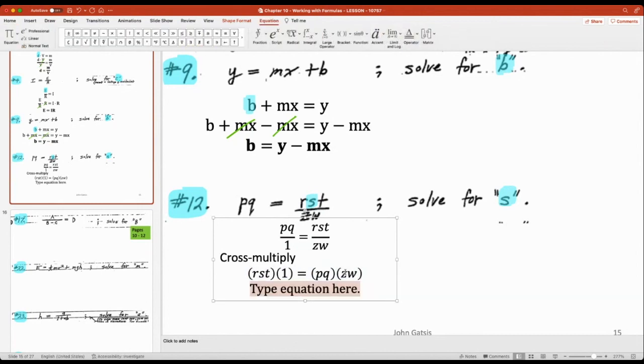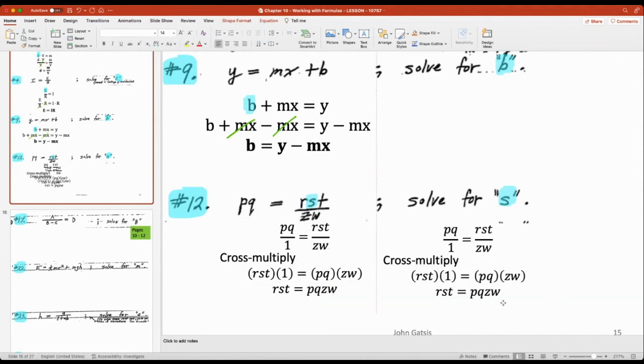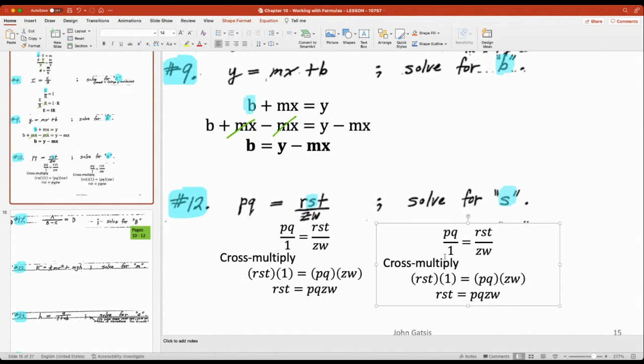Those brackets are not necessary. And you'd end up with this. So the first thing you really want to do here is clear out the fractions. Get rid of all the fractions, because now it'll be a little bit clearer what to do in the next step. I'll continue over here on the right.